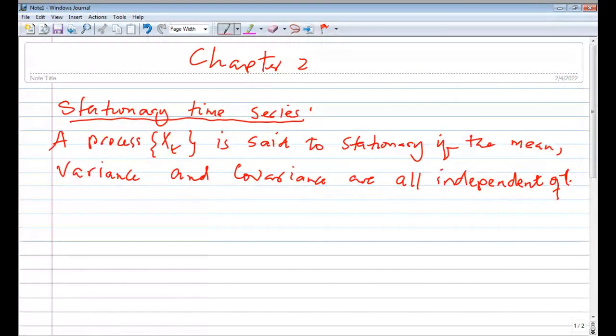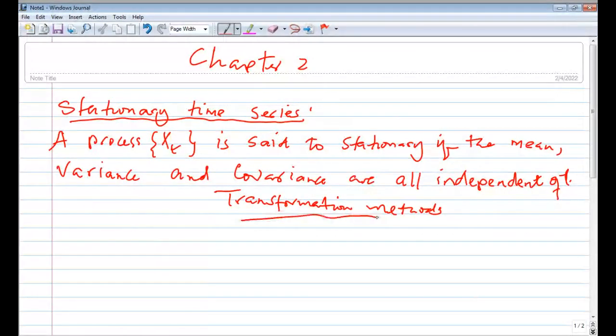So now, if the process is not stationary, we have to apply one of the transformation methods. The transformation methods are as follows.